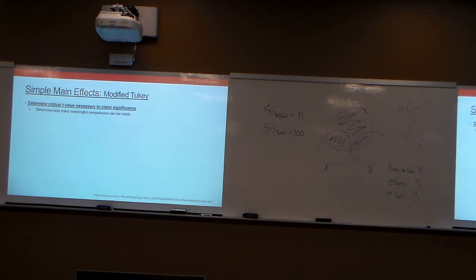Okay. First thing I do, determine how many comparisons could be made. So here it's 9. Two, need to identify a value of R that provides some reasonable level of protection against my type 1 error. So if I've got 9 meaningful comparisons in my 2x3, remember, in Tukey we're using our Q table, and R indicates the number of means in my comparisons.